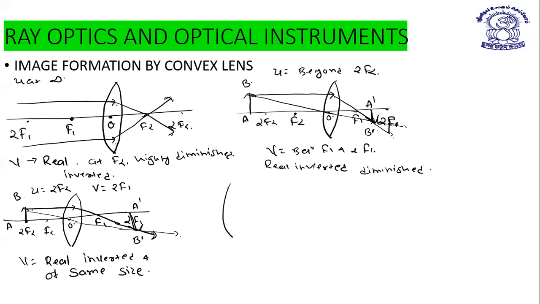Again, we have moved the object nearer to lens and we have kept it between F2 and 2F2.